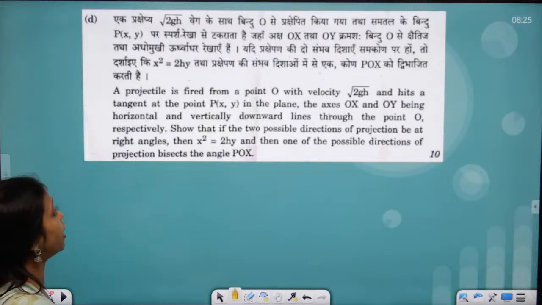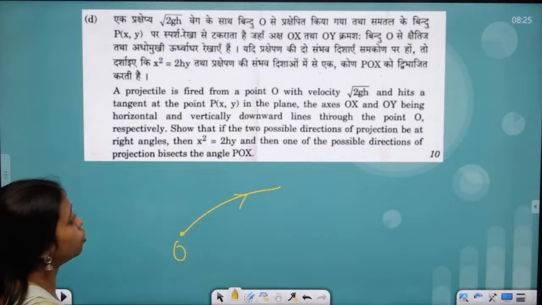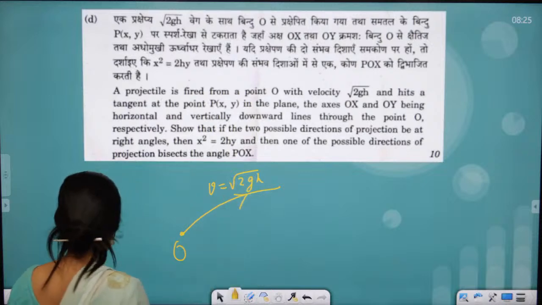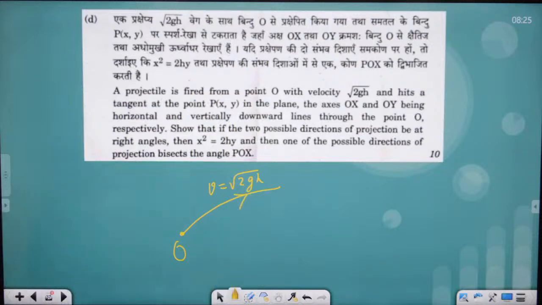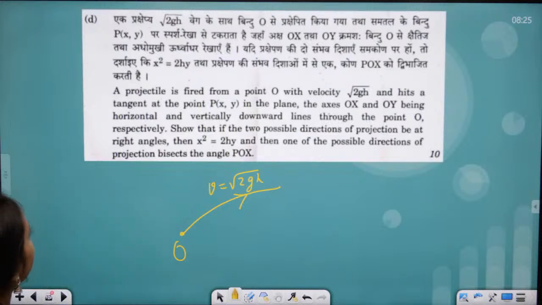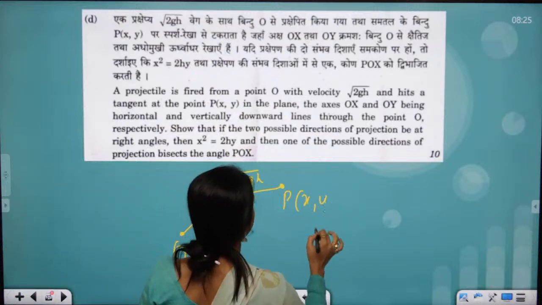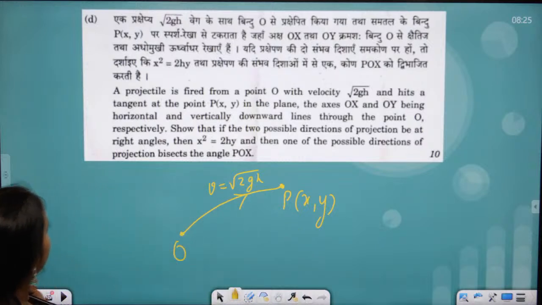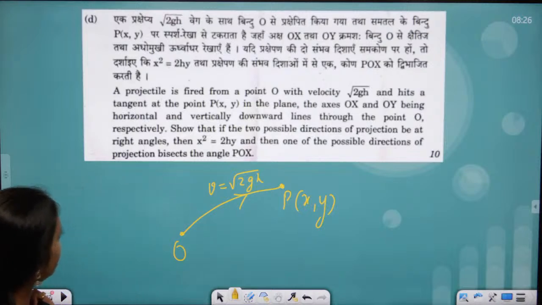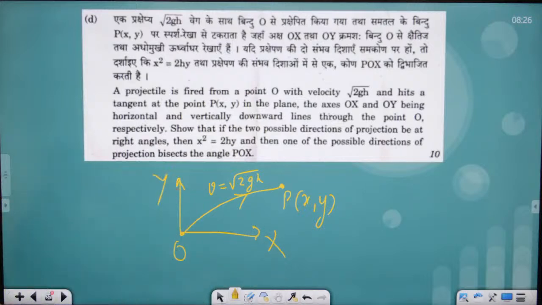A projectile is fired from a point O with the velocity root of 2gh, and hits a target at a point P. In the plane, OX and OY are the horizontal and the vertical downward lines through the point O, just like the x-axis and y-axis.